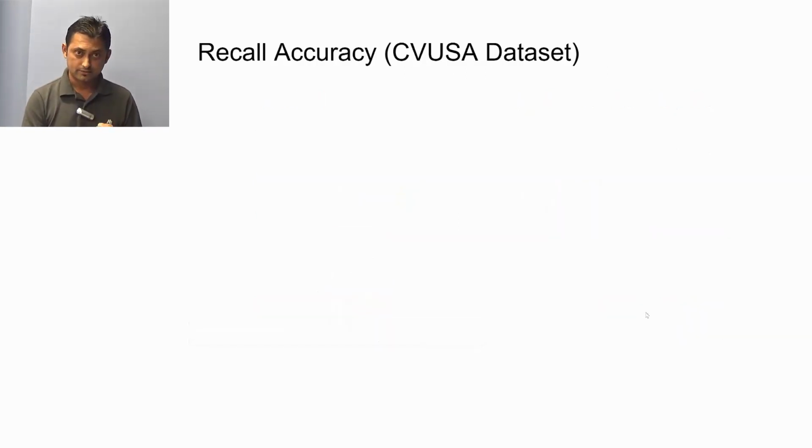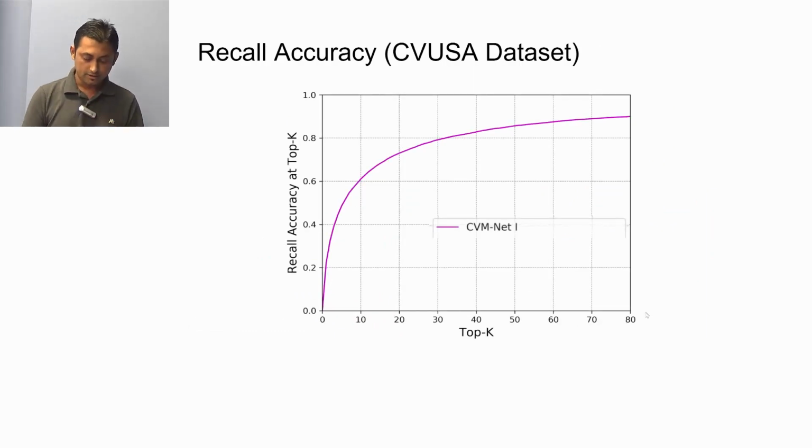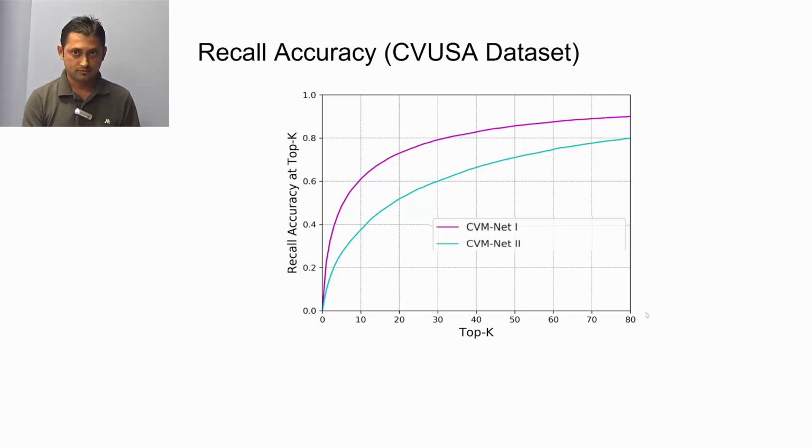So let's look at the vertical accuracies. Here on the x-axis, we show the top k, and on the y-axis, we show the vertical accuracy at top k. This is the result for CBM-Net1, CVPR18 original, and here is CBM-Net2. This one is a little better than CBM-Net1.